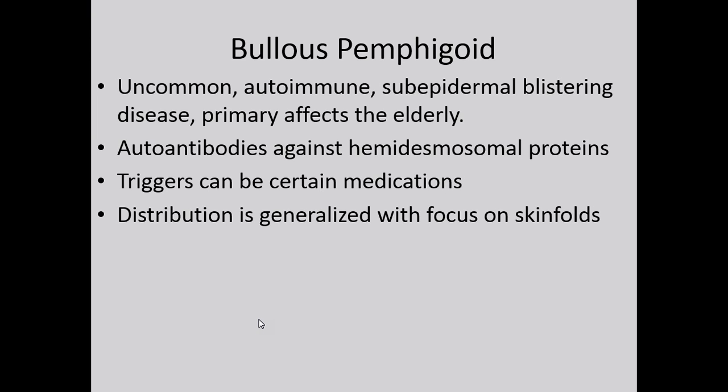And last but not least, bullous pemphigoid. This is also a very uncommon, rare autoimmune blistering disease. It primarily affects the elderly. It also has autoantibodies to the proteins that make up the junctions of the skin layers, but these proteins are a little bit deeper in the skin layers, and we can think about that as one of the characteristics of bullous pemphigoid.